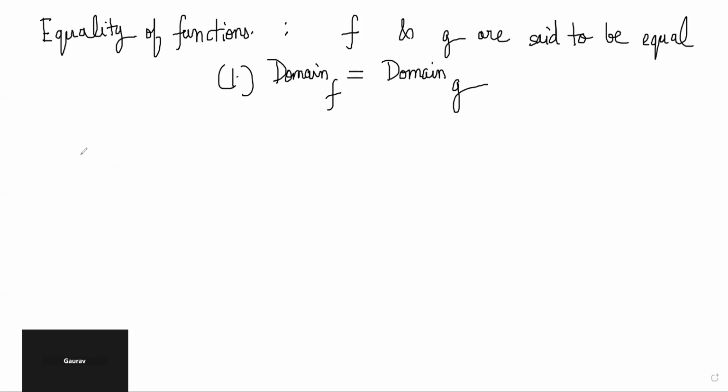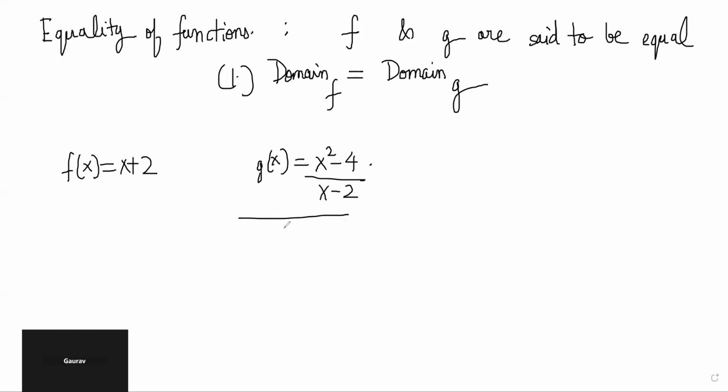For example, f of x is equal to x plus 2 and g of x is equal to x squared minus 4 by x minus 2. They are not equal functions because 2 is in the domain of f but 2 is not in the domain of g. Even though when you cancel it out, this is going to give the same values of x plus 2 at all values of x other than 2.